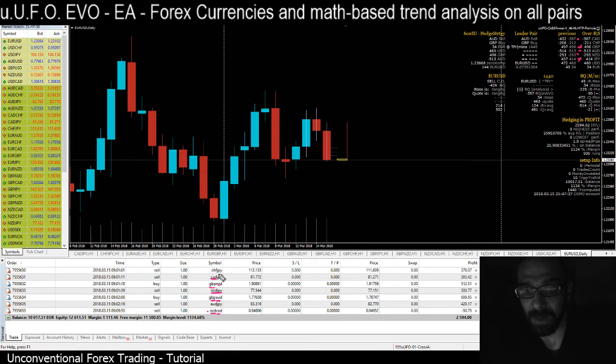Then we have also yen. We are buying yen and we are selling Swiss franc, and Swiss franc is still negative. Okay. And then we are also buying yen, selling Aussie, which is Aussie in sell and Japanese yen in buy.